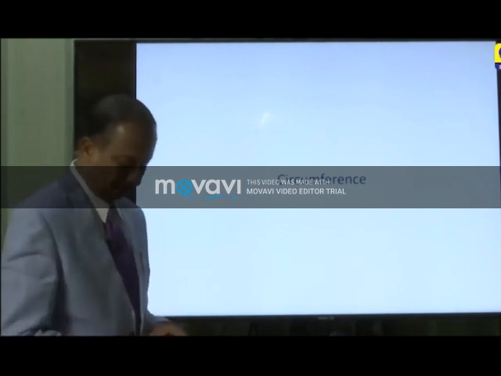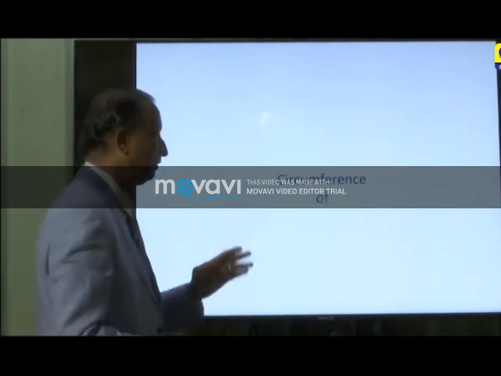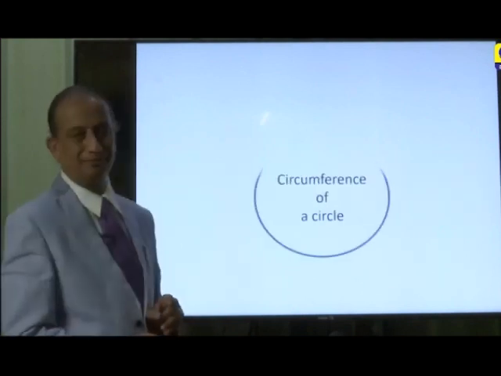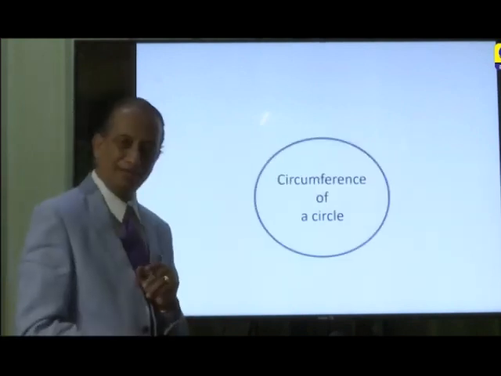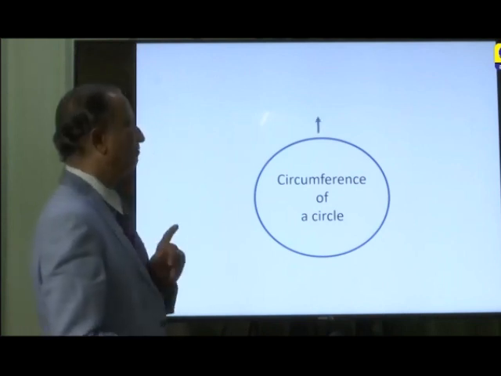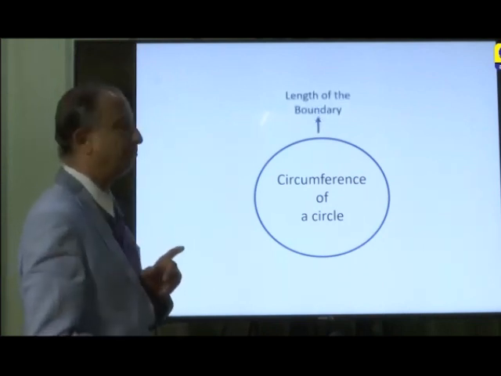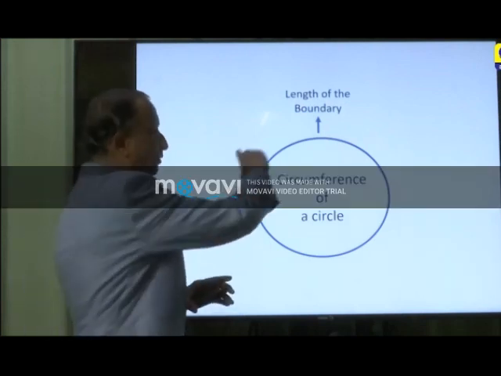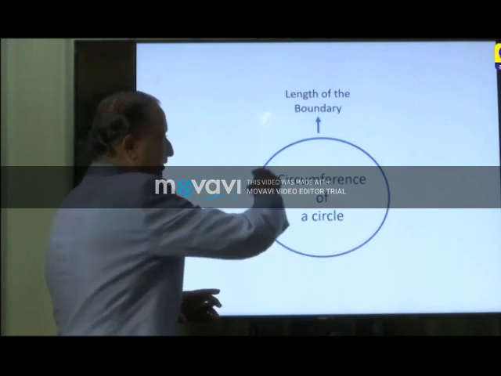So the first and foremost point to be discussed is the circumference of a circle. What do you mean by the circumference of a circle? Circumference of a circle is nothing but the length of the boundary, one complete round.